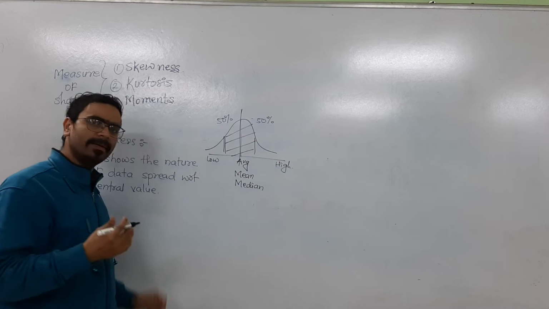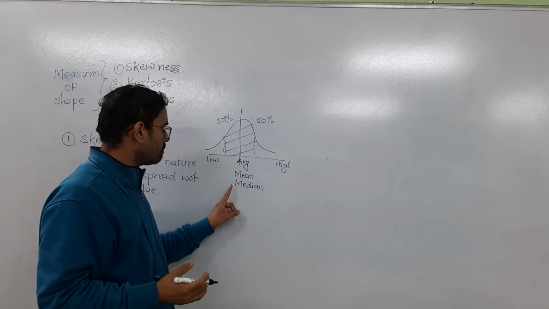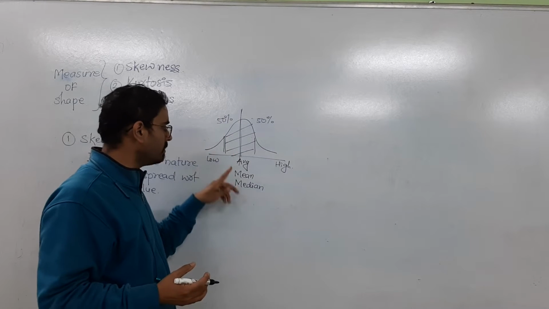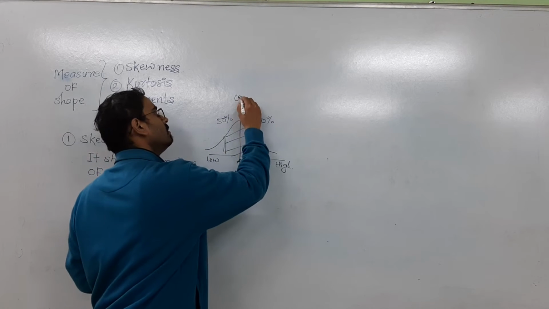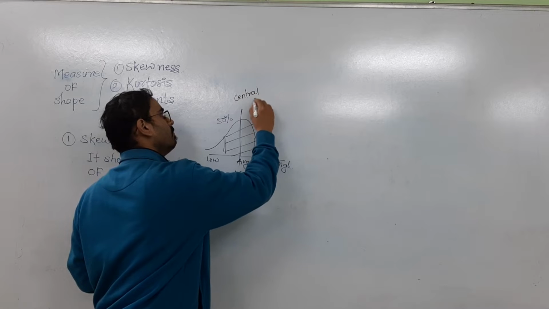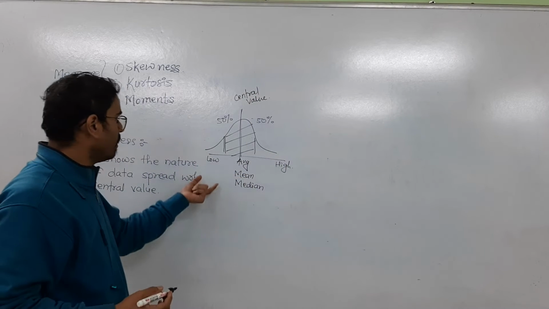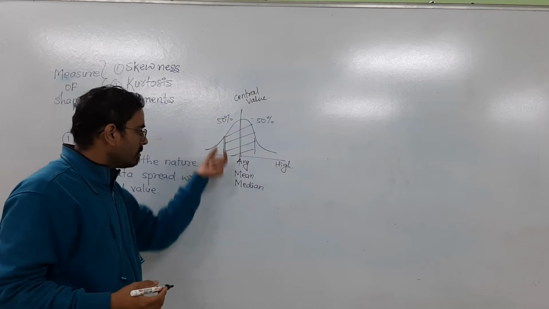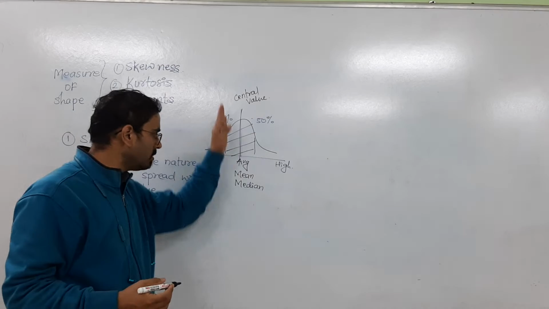So data is symmetrically distributed, means the data is equally distributed on either side of the central value.